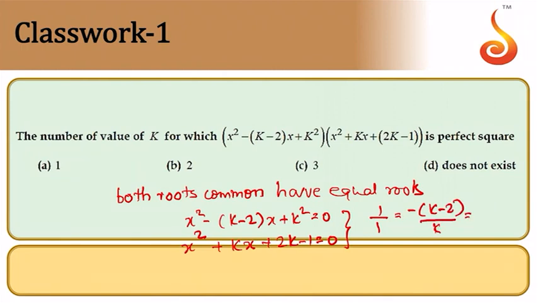Comparing the coefficients, what do we get? 1 by 1 equal to minus (k minus 2) divided by k, equal to k square by 2k minus 1. While solving, we get k equal to 1. So delta 1 equal to 0, delta 2 is equal to 0. So k equal to 1 option is correct.